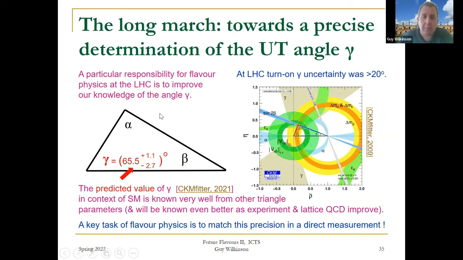Now that's no good because we want to compare that to the expectation coming from the Standard Model. The predicted value comes from the other constraints of the triangle, and that predicted value has an uncertainty of something like +1 -3 degrees. So we want to get down to that sort of uncertainty before we can make a meaningful test of whether the Standard Model is describing things well in the flavor sector. So this is what we're aiming for. 20 degrees does not cut it.